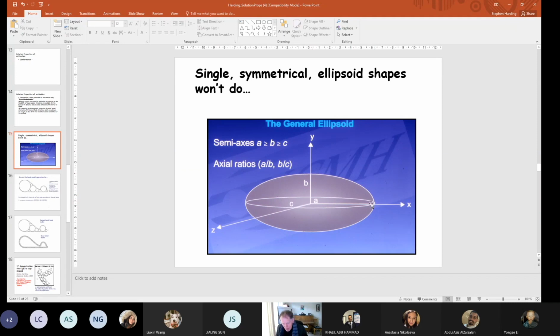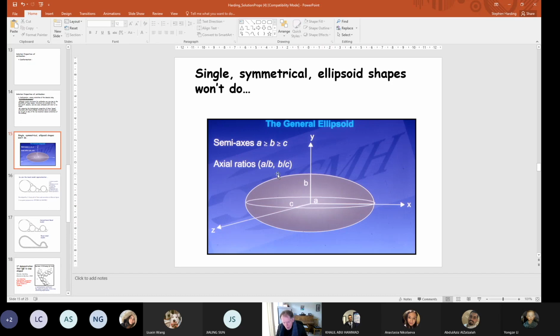It's got a long axis A, a shorter axis B, and an even shorter axis C. And when these axes are all equal, A equals B equals C, you have a sphere. When they're not, you have an ellipsoid.